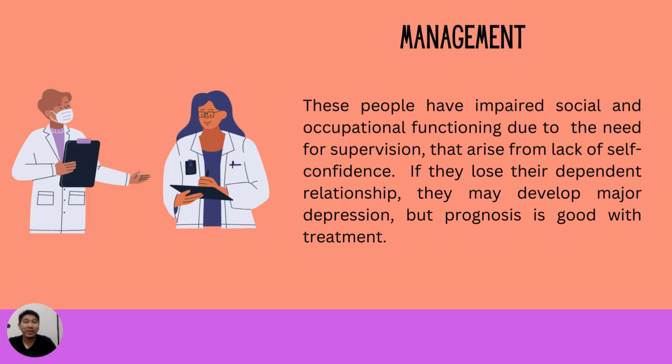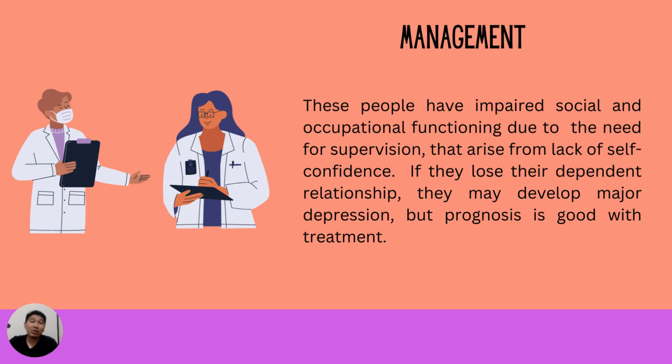So, what is the management? These people have impaired social and occupational functioning due to the need for supervision that arises from lack of self-confidence. If they lose their dependent relationship, they may develop major depression, but prognosis is often good with the right treatment.